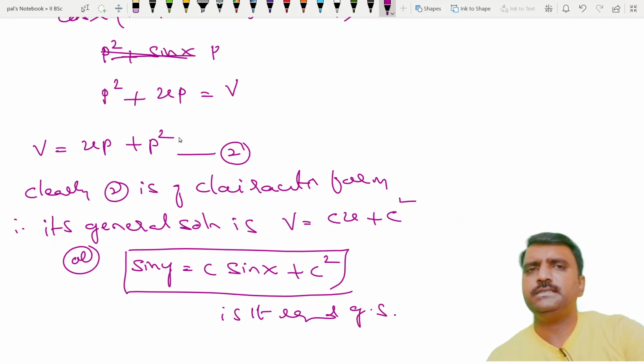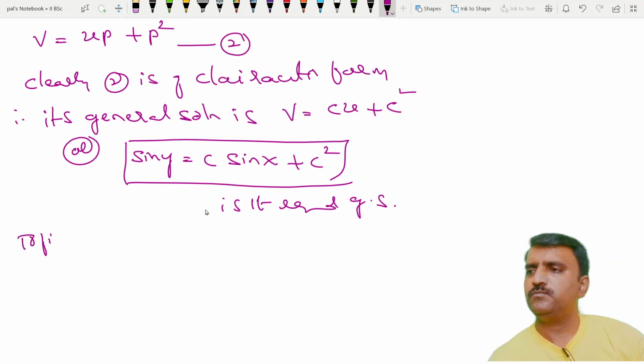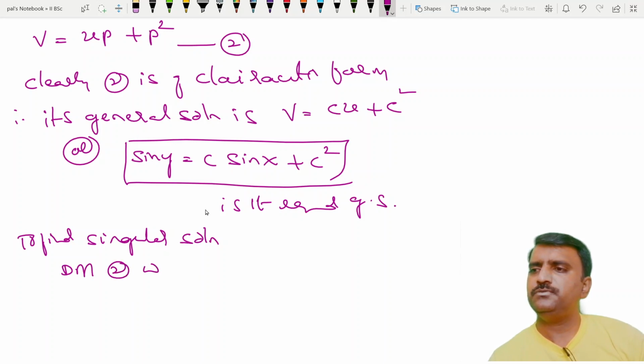Again, to find the singular solution by using equation 2, differentiate equation 2 with respect to p partially.